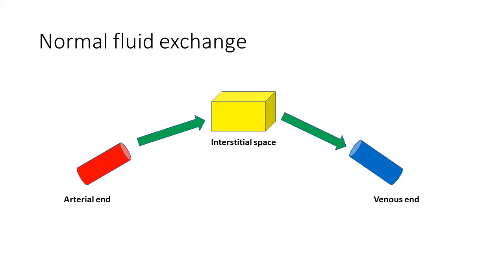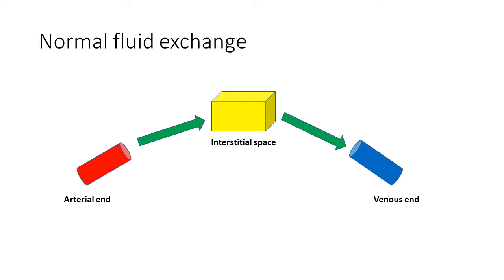The normal fluid movement is from the arterial end to the interstitial space and from the interstitial space to the venular end. The fluid moves from the arterial end to the interstitial space, and from the interstitial space it is drained by the veins.